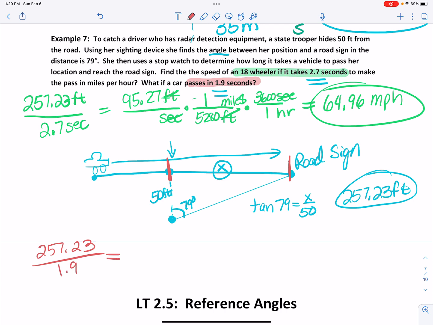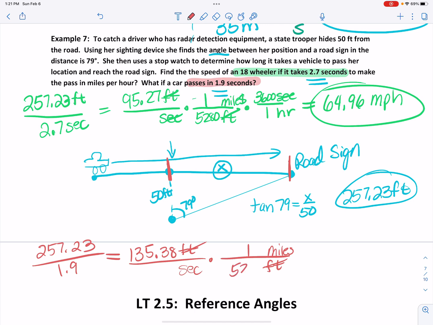So 257.23 divided by 1.9 equals 135.38 feet per second. So I want to convert feet, so I'm going to put those on the bottom, into miles. 1 mile is 5,280 feet, and I want to convert seconds, top, into hours. 1 hour is 3,600 seconds.